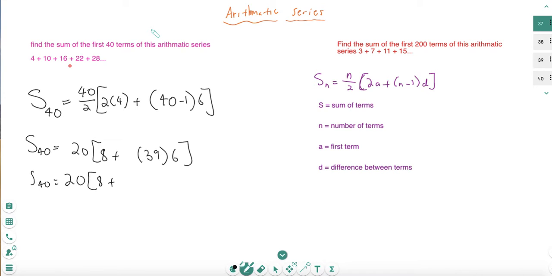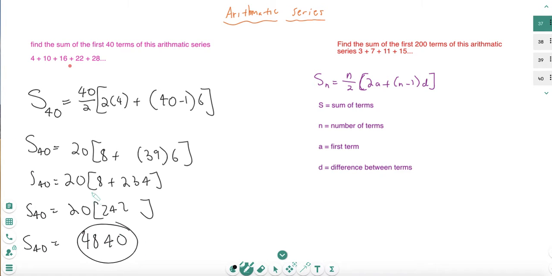So 39 times 6 is 234. So the sum is equal to 20 times, we'll simplify 8 plus 234, 242. So the sum of the first 40 terms is equal to 20 times 242, which is 4,840.